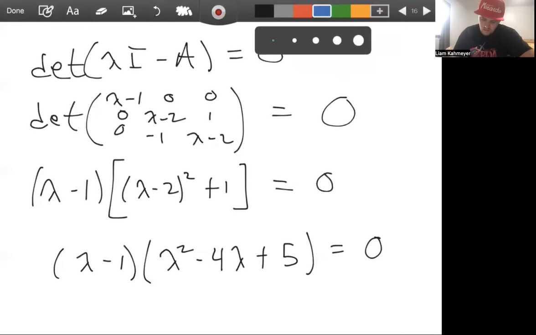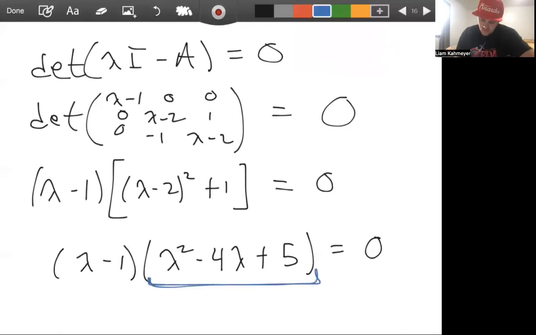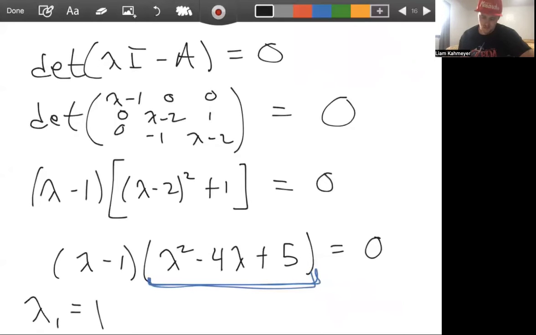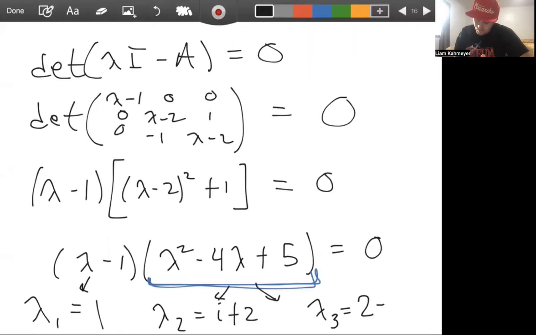The roots are when lambda minus 1 equals 0, which gives us lambda 1 equals 1. For the two roots from the quadratic, you would have to use the quadratic formula. What you get is lambda 2 equals 2 plus i, if I remember correctly, and then lambda 3 is 2 minus i.